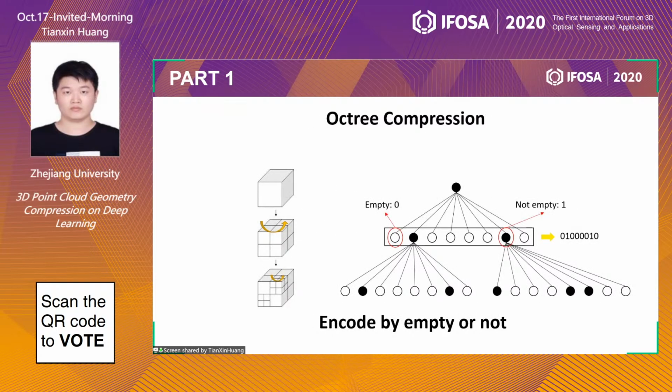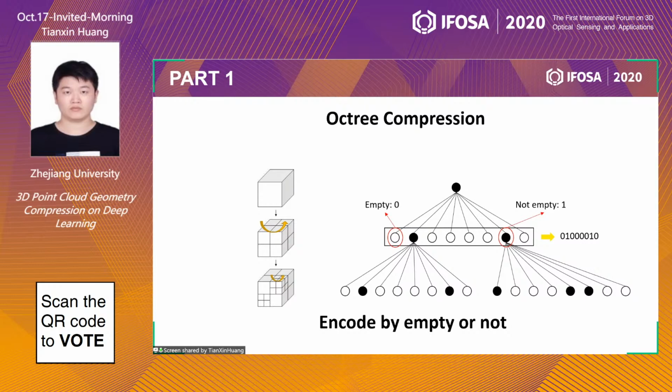So it is like this. Octree encodes a point cloud by recursively partitioning the input space into equal octants and storing occupancy in a tree structure. Each intermediate node of the Octree contains an 8-bit symbol to store the occupancy of its 8 children. Each bit corresponds to a specific child, empty or not empty. The symbol for empty is 0 and not empty is 1 here.